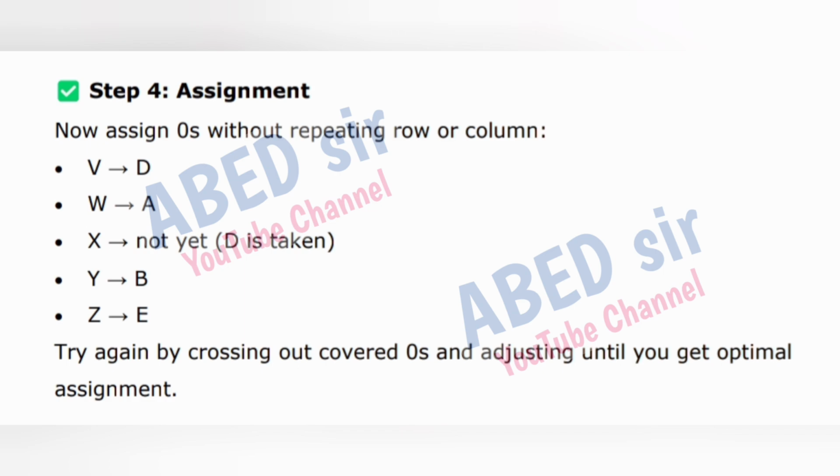Step 4. Assignment. Now assign zeros without repeating row or column. VD. WA. X not yet, D is taken. YB. ZE. Try again by crossing out covered zeros and adjusting until you get optimal assignment.